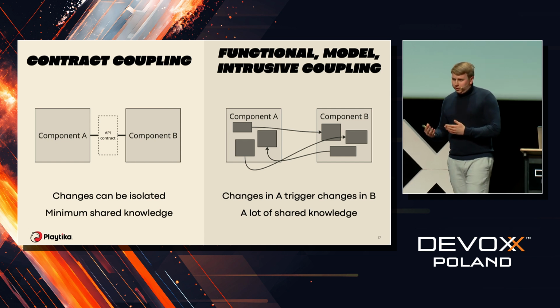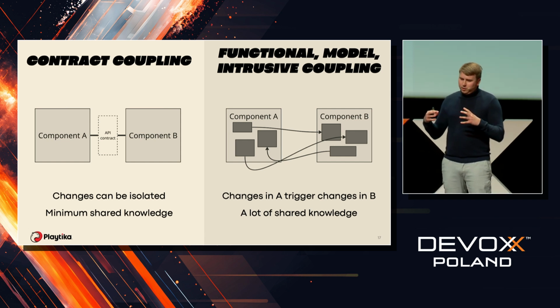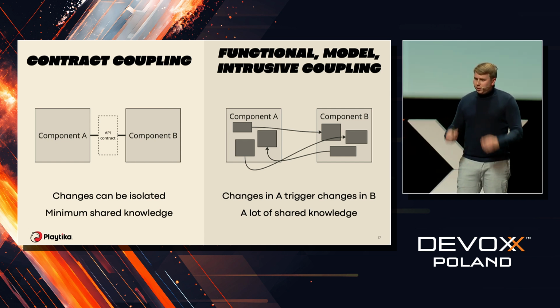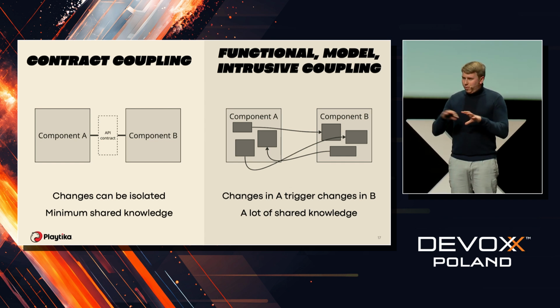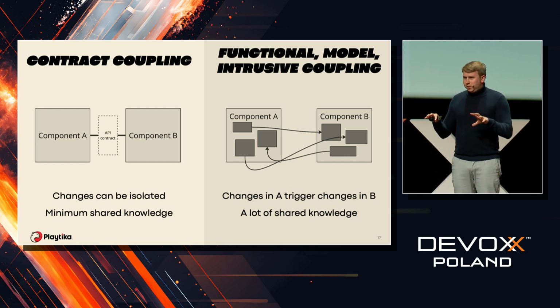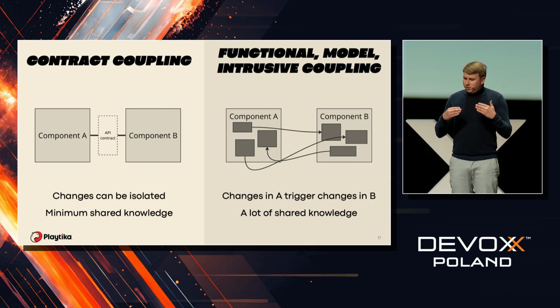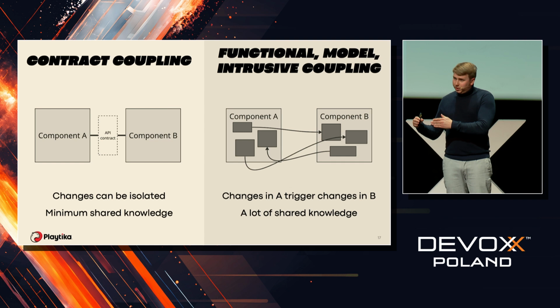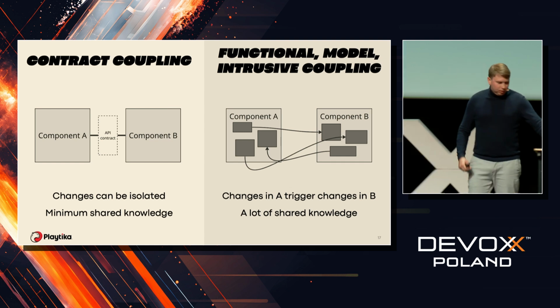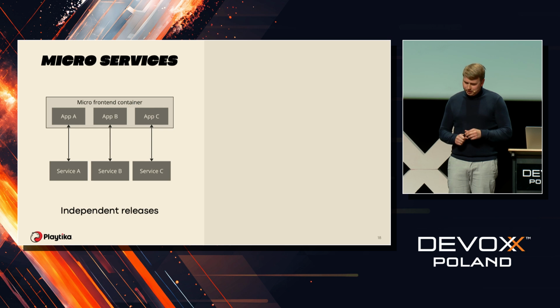On the other side, if we have tighter coupling, like functional, model, or intrusive coupling, components depend on internal implementation details or on the model, and a change in component A is highly likely to trigger a change in component B. Those components are harder to develop in parallel by multiple teams.